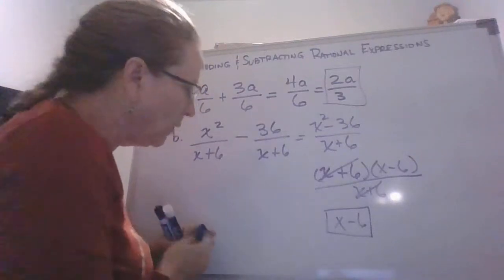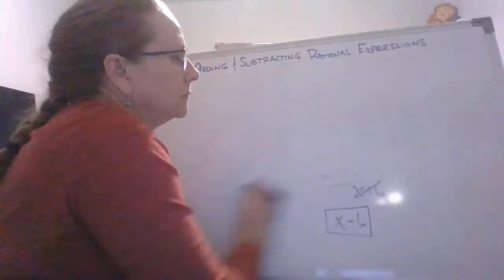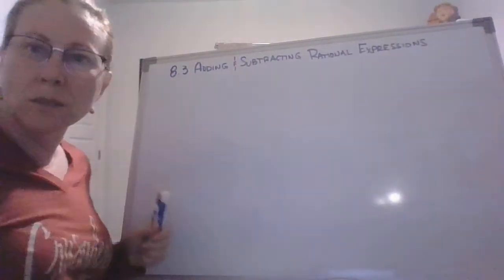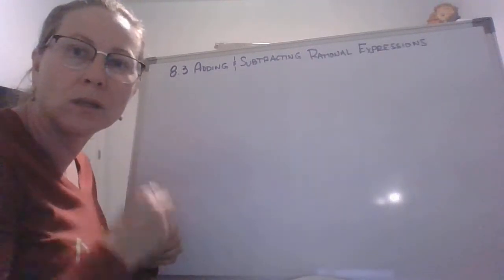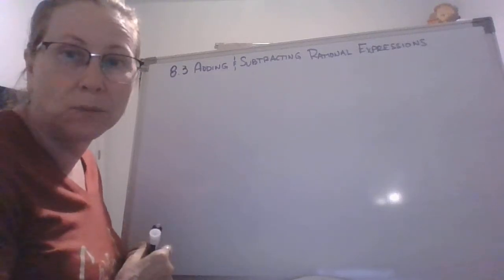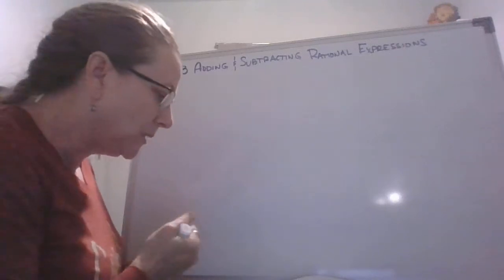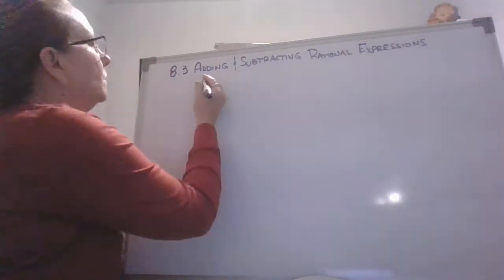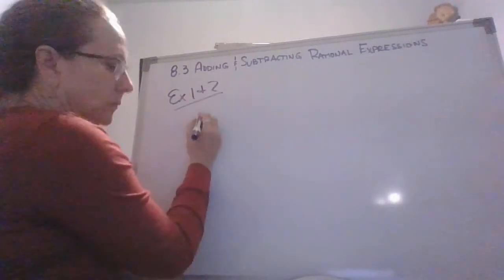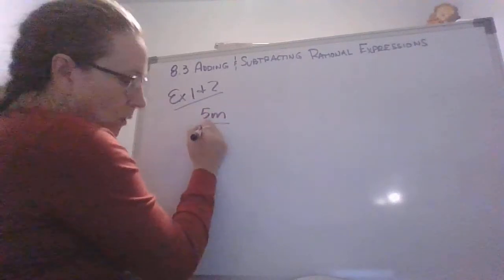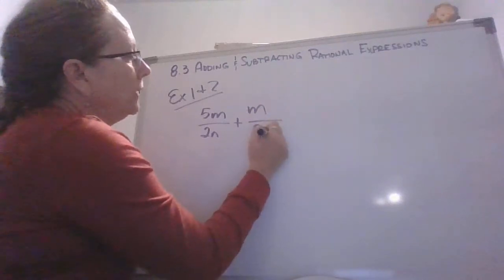All right, let's look at a couple more problems. Very similar to these. Still using the notes, and of course these notes are coming straight from the notes that I attached to this materials folder, and also it comes from the book, so if you're following along reading the book as well, you'll recognize these problems. So once again, if we have from example 1 and 2, 5m over 2n plus m over 2n.